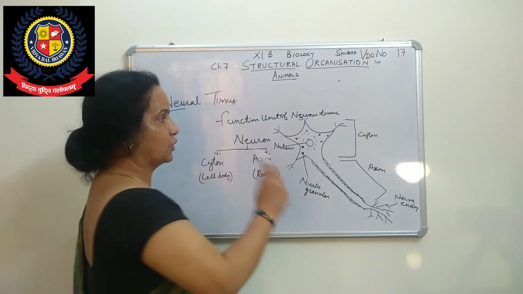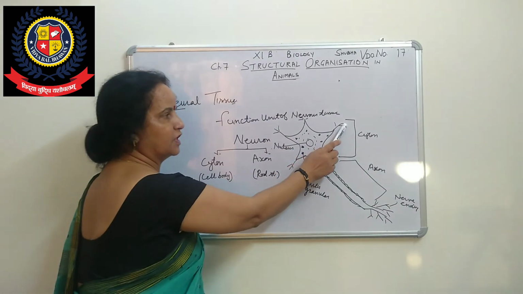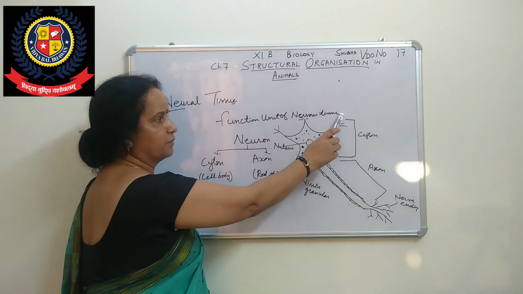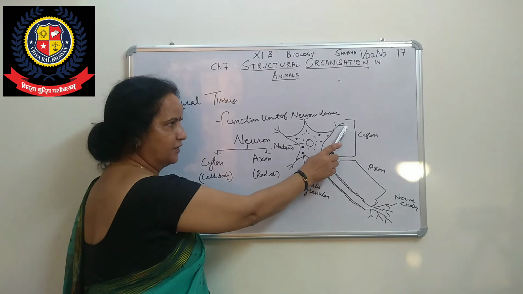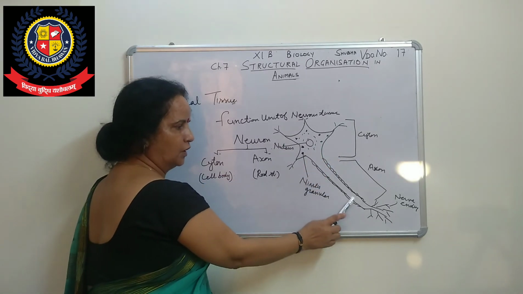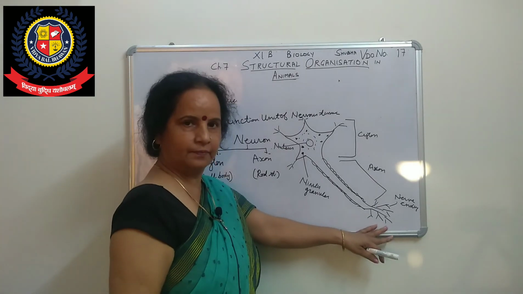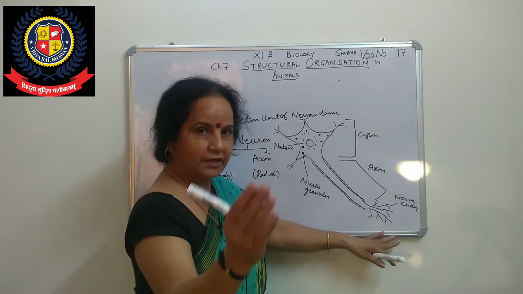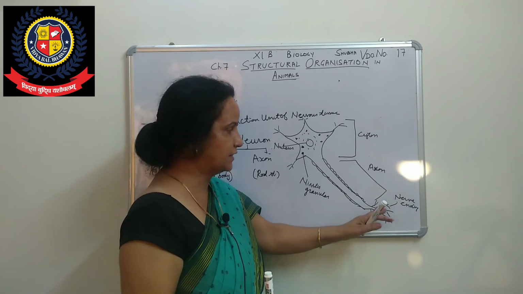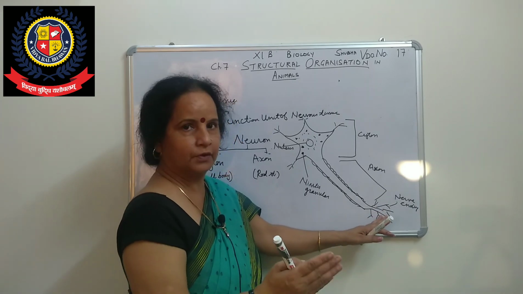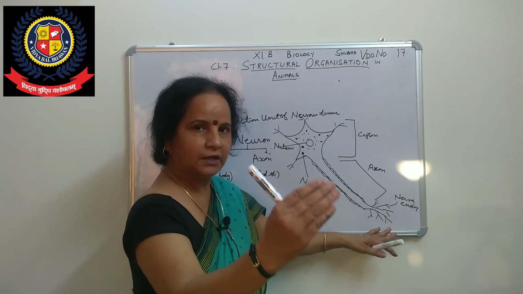Why is it so? Because the nerve impulse is received by the dendrites, then it moves through this rod to end with the nerve endings. Through these nerve endings, a dendrite of another neuron is attached. Then that impulse jumps from this nerve ending to the dendrites.